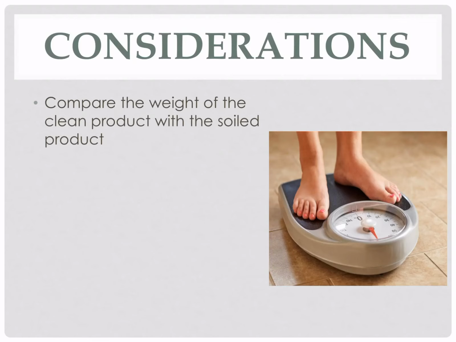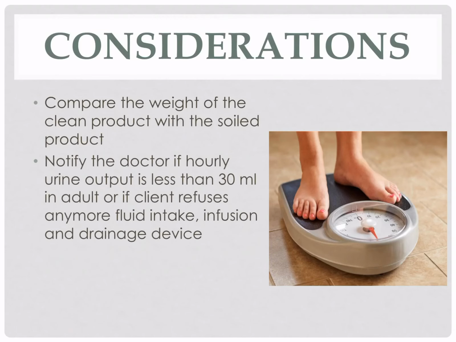We also have to notify the doctor if hourly urine output is less than 30 ml per hour in adults, or if the client refuses any more fluid intake, infusion, and drainage device.